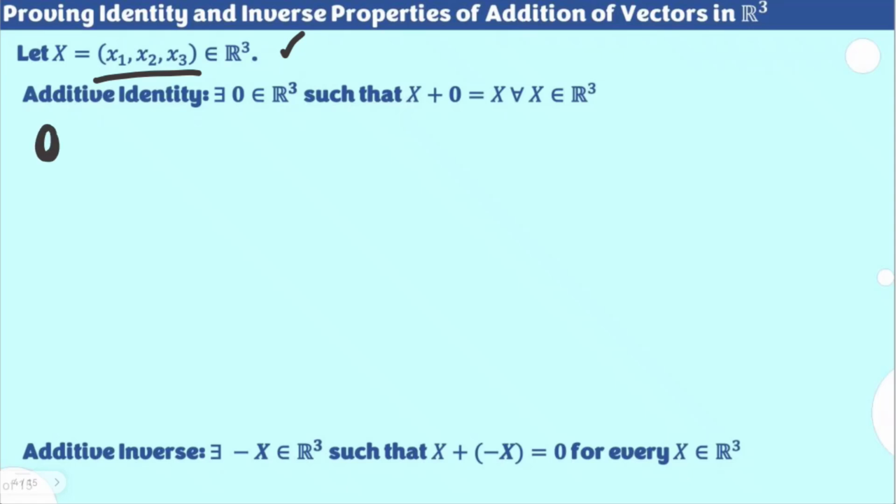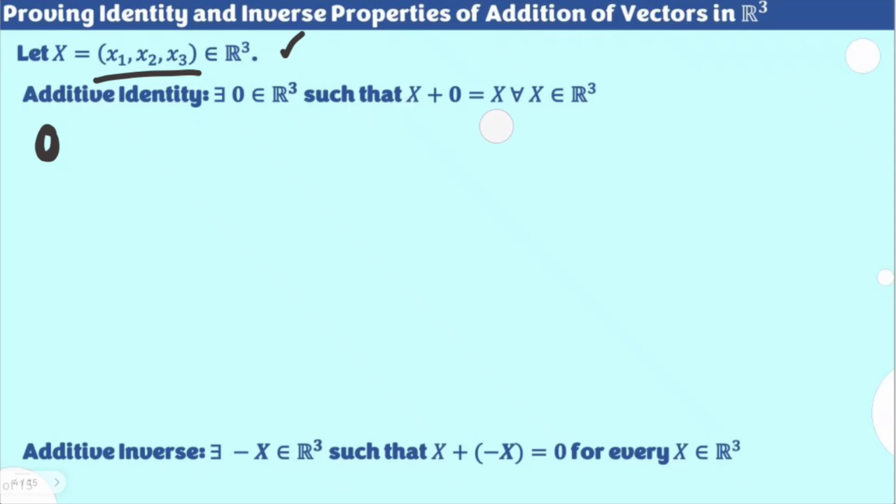If it exists, it is also in R3, such that it would satisfy the equation: any x represented as given earlier, plus that vector, must be equal to x itself. This is true for all x's or vectors in R3. So that is what we need to show first.